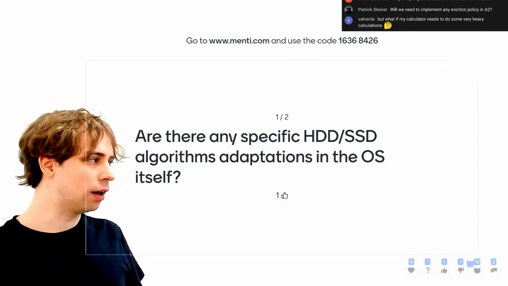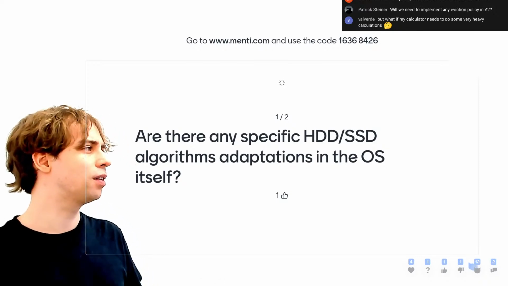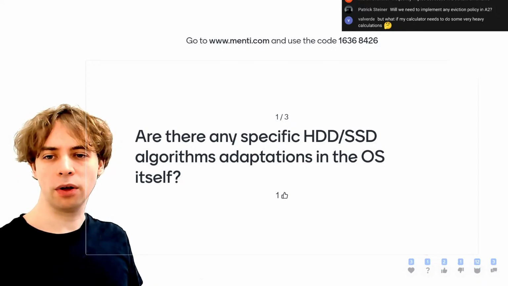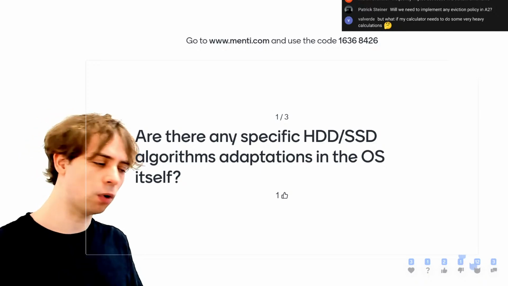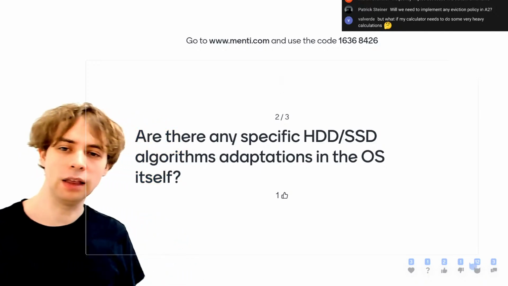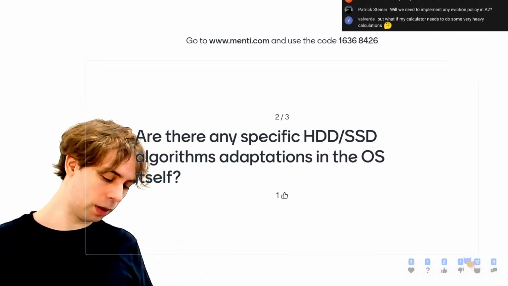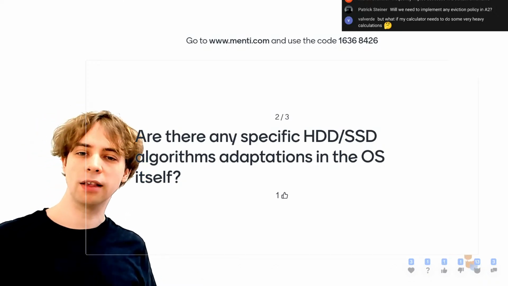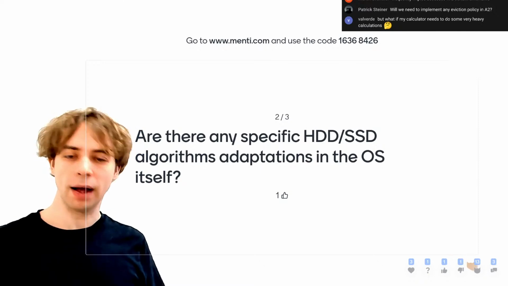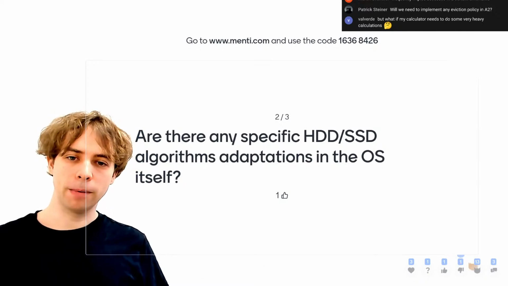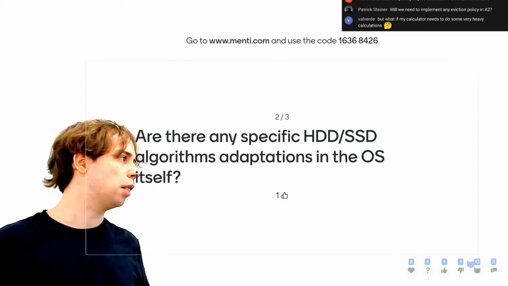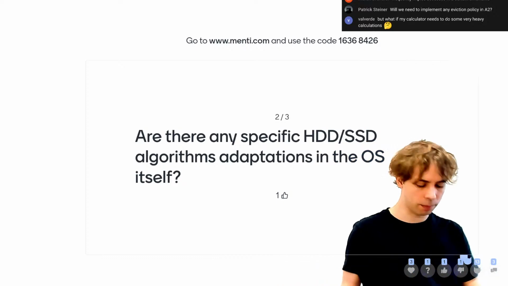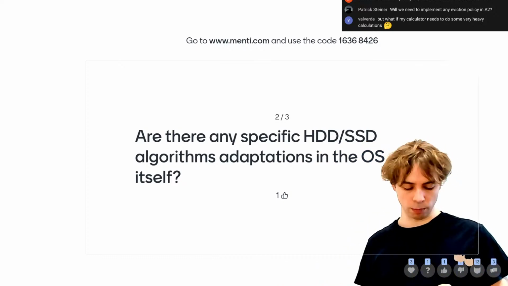Also, there are certain types of operations that are more hurtful on the SSD. For instance, if you all the time update the file access times in a specific way, then this might be bad for the SSD. So the operating system might have adaptations to that. But regarding the swapping algorithms, I'm not aware of any because they perform mostly these large bulk 4 kilobyte transfers.